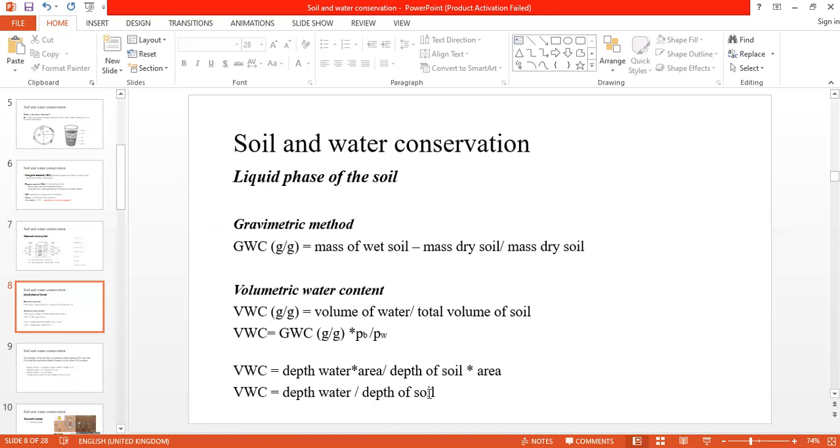So if you're given volumetric moisture content, it's just the same as saying depth of water over depth of soil. Or if you want, you can say volume of water over volume of soil. The answer will be the same.